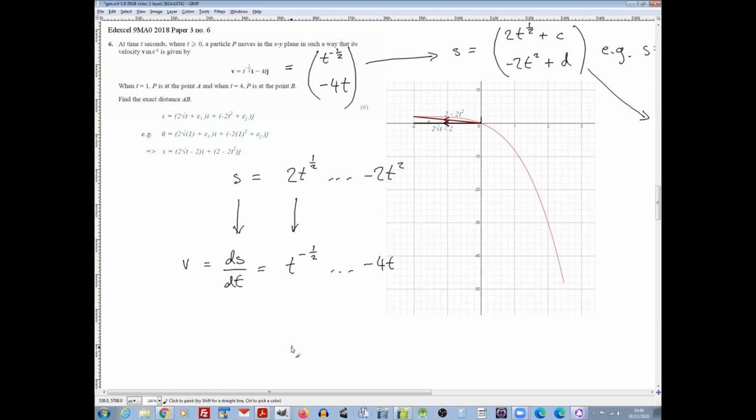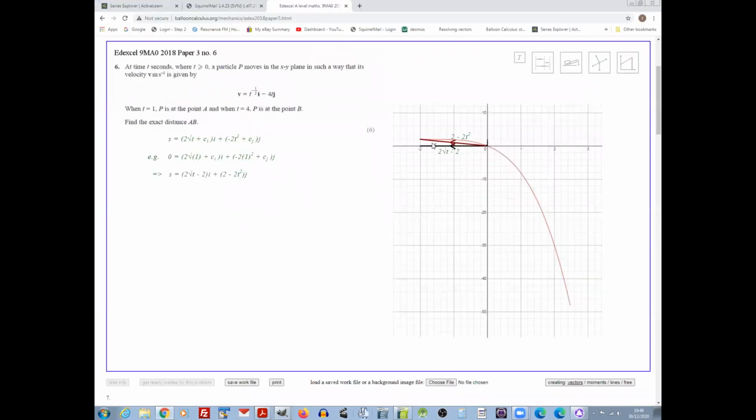And look what I did. I made this, bear with me. So that's at t equals 1, it's at the origin. Which means that at t equals 0, this is where it started.